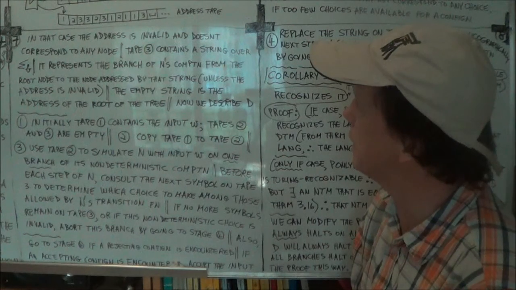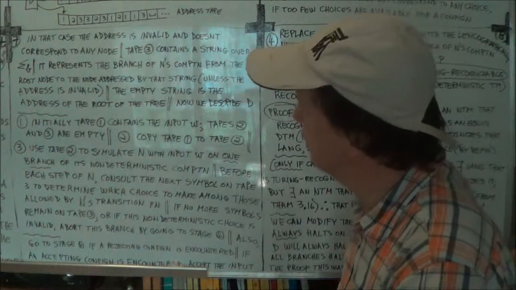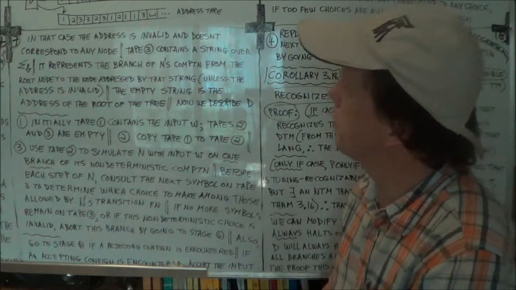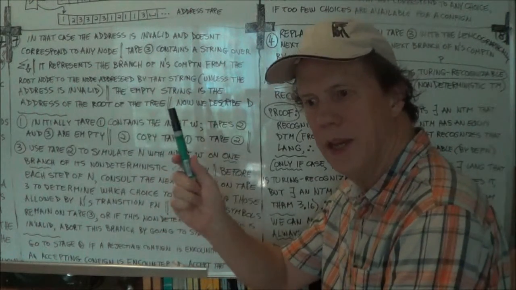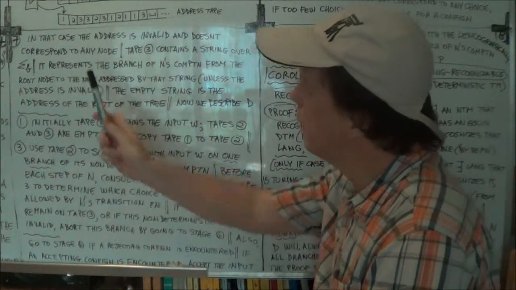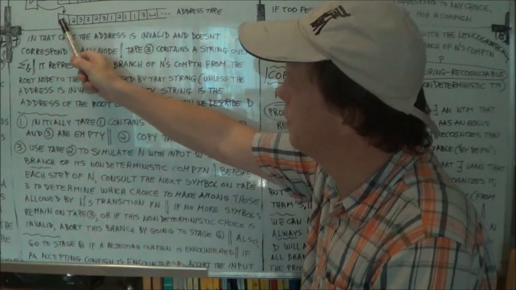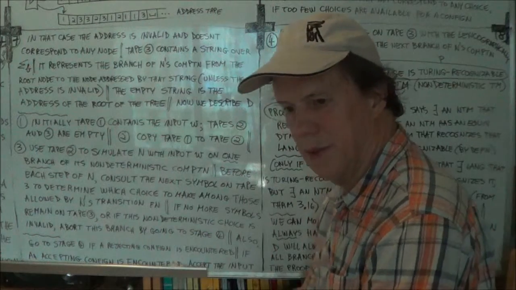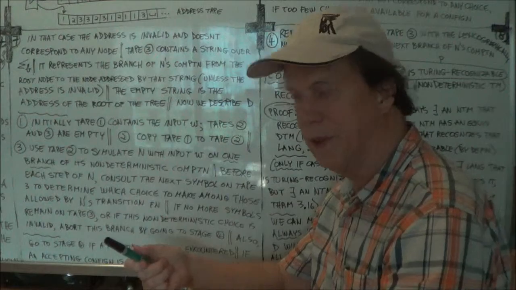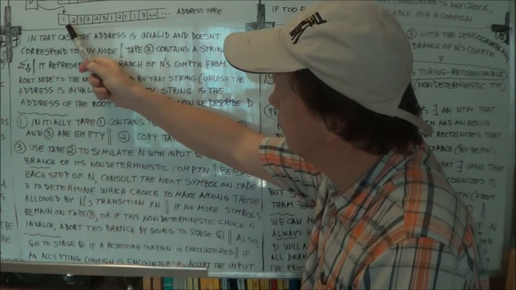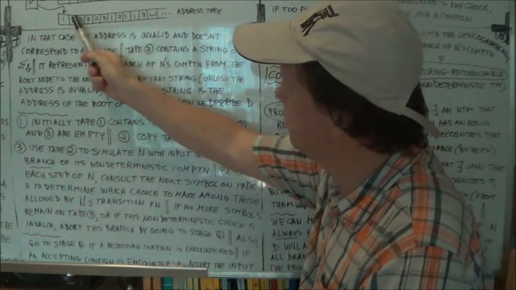Alright, let me talk a little bit more about this address, what's going on. Now, what we're going to do in the algorithm, we're going to systematically count up, initially we'll fill this with 1, and then 2, and then 3, and then 4, and then these will all be blanks.